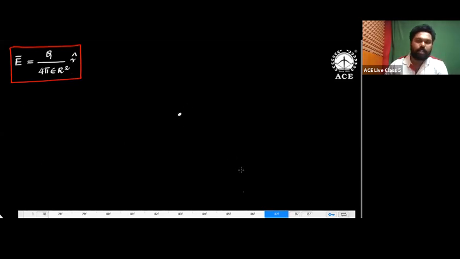It is a spherical coordinate system, so we can say that the electric field is radially outwards.